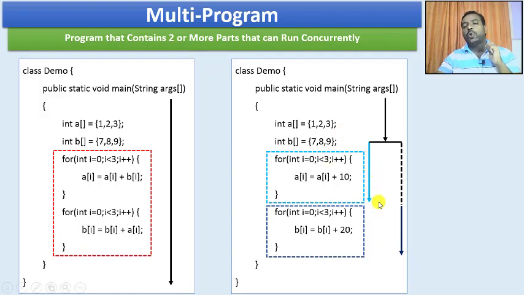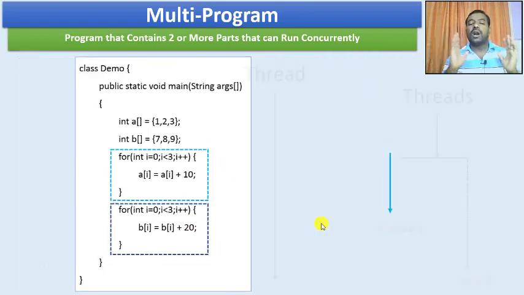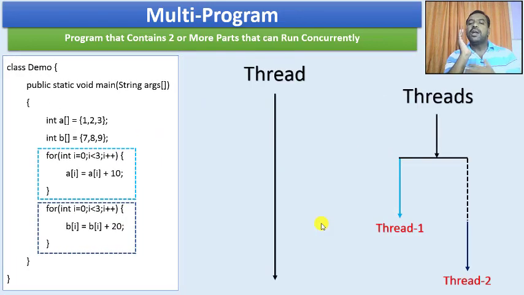Now I've got two lines of execution, one which is going to execute part 1, and the second which is going to execute part 2. This is how, when we have a multi-program, there will be more than one execution line executed concurrently in parallel. And this is what we should understand about multi-program and multiple lines of execution.